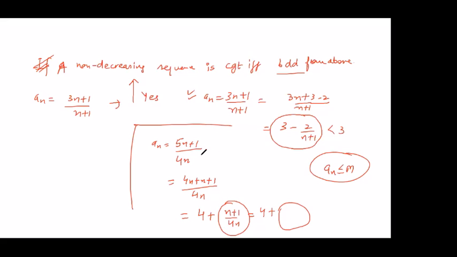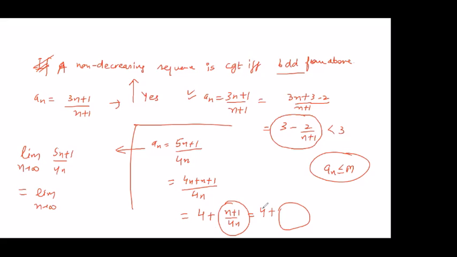Otherwise, what I'll suggest is that we do it with the limit method. The limit of (5n plus 1) by 4n, right? You can tell me the value of this limit.